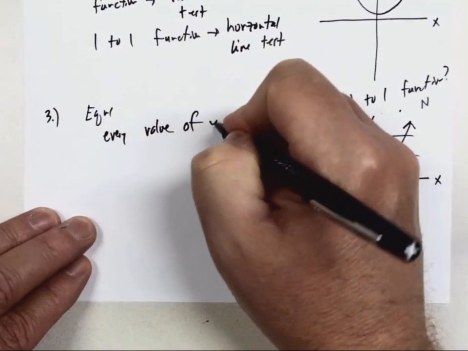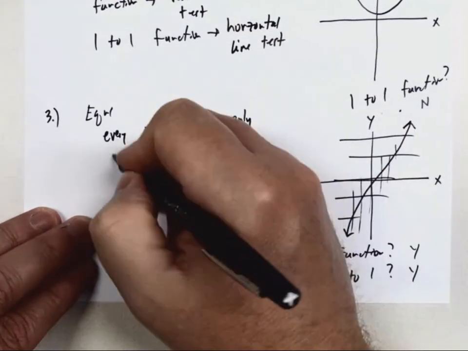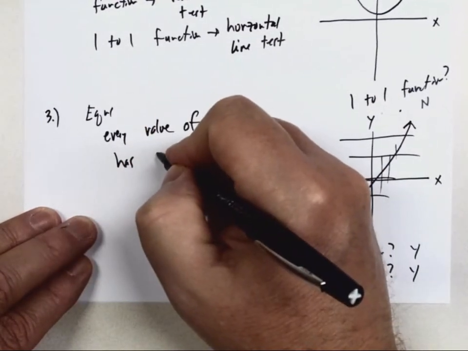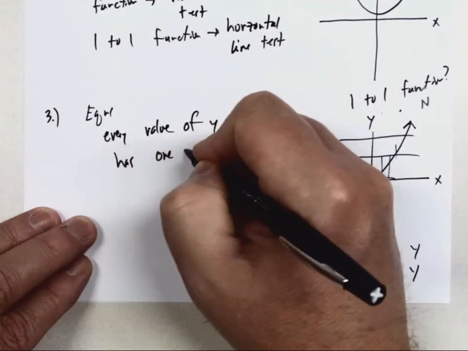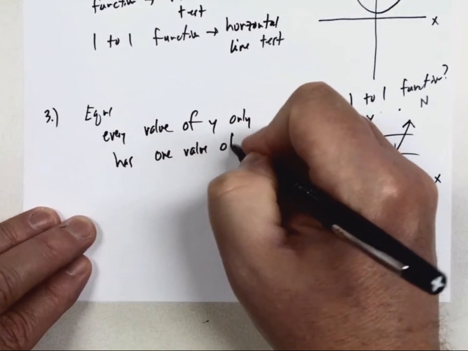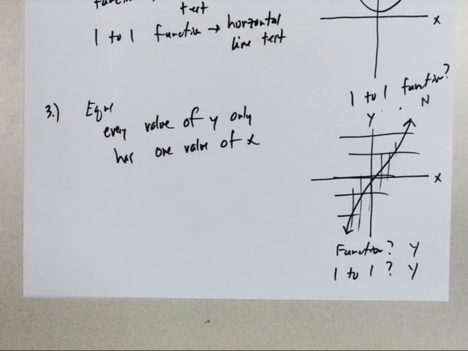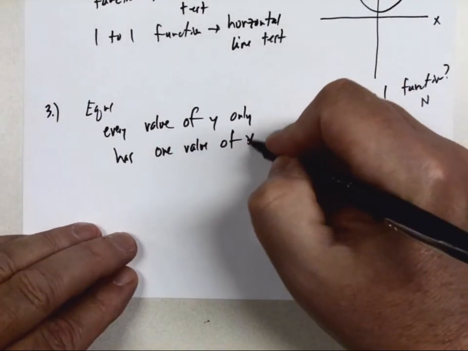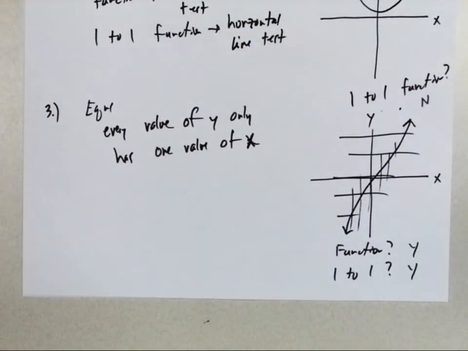Every value of y, basically, I can't have one y give two different x's. You just flip the definition of a function. Once again, equations are a little interesting.